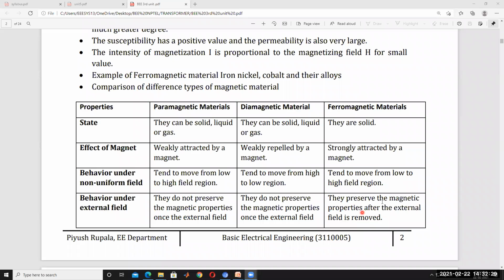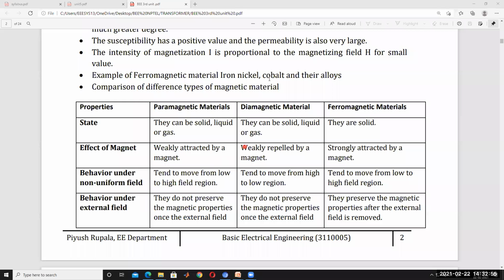This field is called the residual field, or residual magnetism. In ferromagnetic material, even if you remove the external magnetic field, it will preserve the magnetic property. That is called residual magnetism. It's clear?